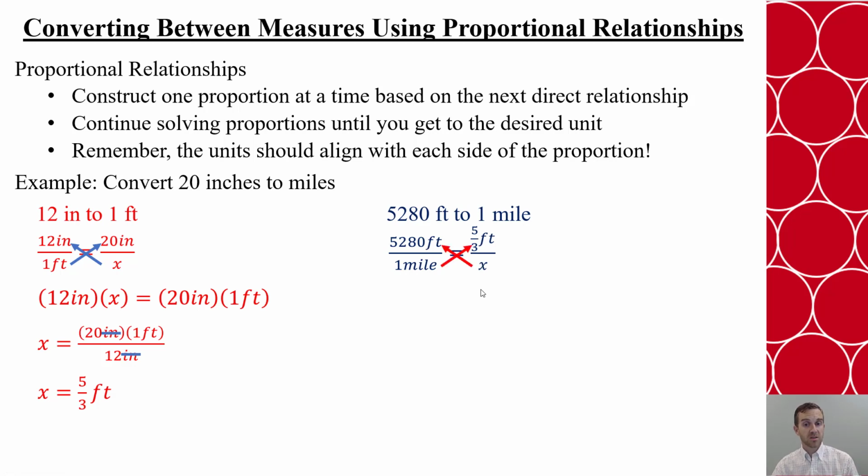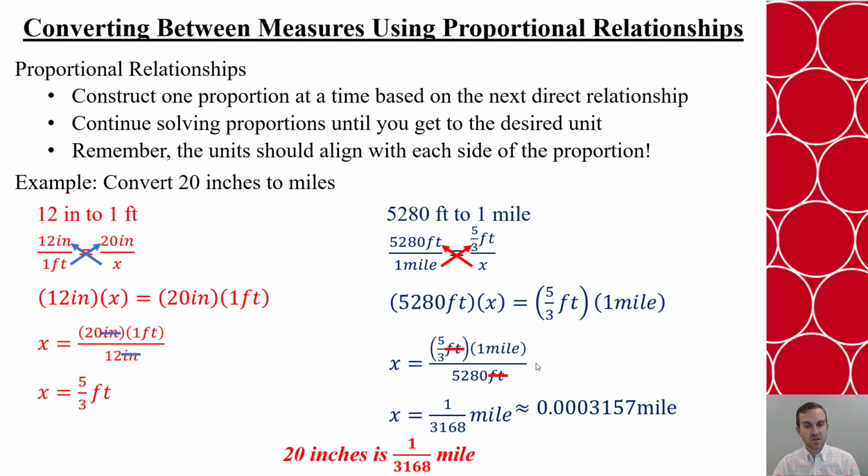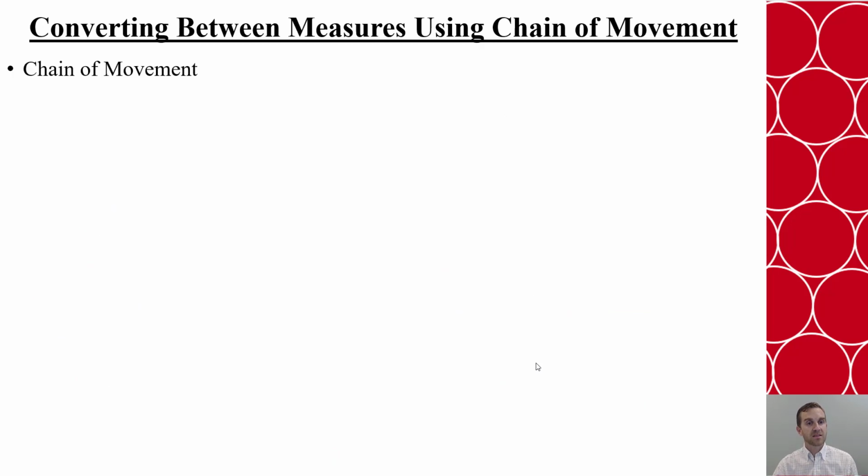So if I cross multiply, and then I divide both sides by the 5,280 feet, again, my feet will simplify to 1, leaving me just with the unit of miles, which gives me about 1/3,168th of a mile. And if you want to see it as a decimal, here is that decimal value, and you can see it's really, really small. So 20 inches is 1/3,168th of a mile.